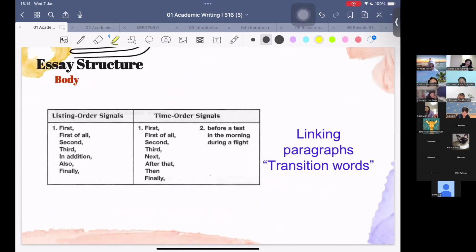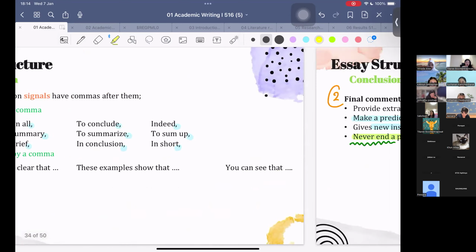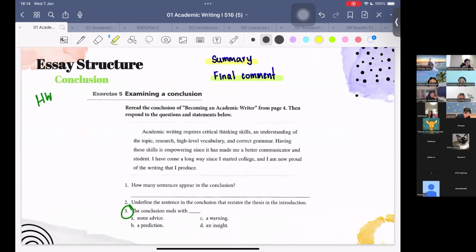Okay, moving on. Next one would be the conclusions, I suppose. So for this one, let's take the answer from you. Let's see, what is your answer for question number 3? Please type the answer A, B, C, or D in the chat box.